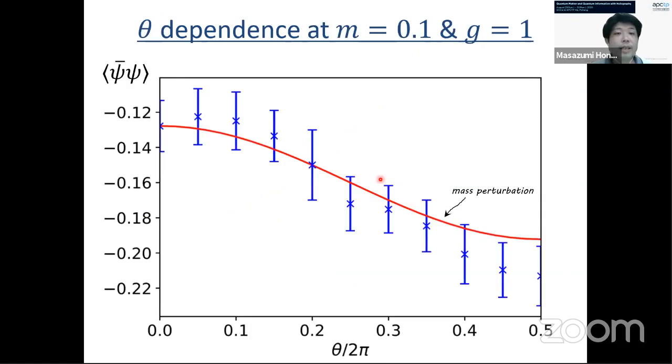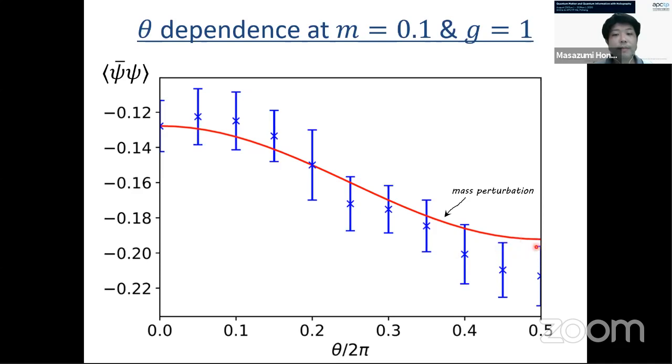This is the theta dependence at mass m equals 0.1 and g equals 1. I'm plotting psi bar psi as a function of theta over 2 pi. The red line is the result of mass perturbation theory, and we basically have agreement with it.